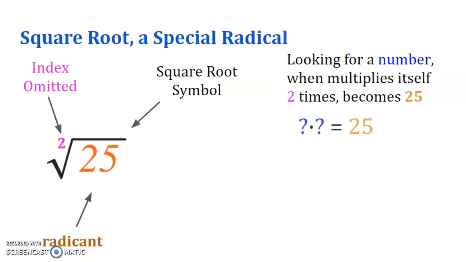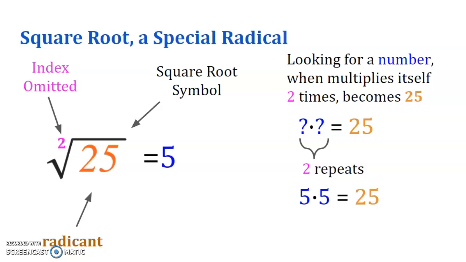So a number times number is equal to 25. What does that number have to be? It's repeating 2 times, so 5, since 5 times 5 is 25. The square root of 25 is 5, and we read it as the square root of 25 equals 5.